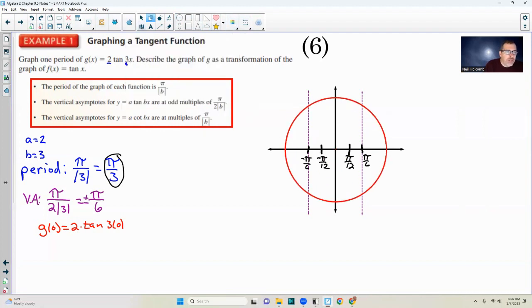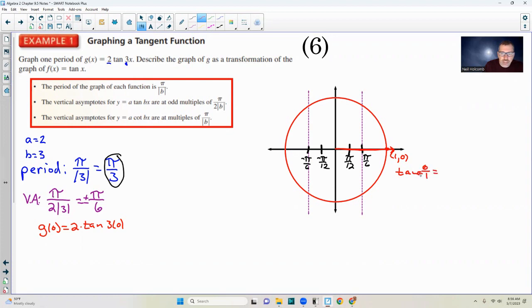If this were a unit circle, ignore everything else. This point right here is over 1, up 0. And that would be the tangent of 0 right there. This is an angle of 0 degrees where our initial and terminal sides coincide and are sitting right there at (1, 0). Tangent is sine over cosine, which is 0 over 1.